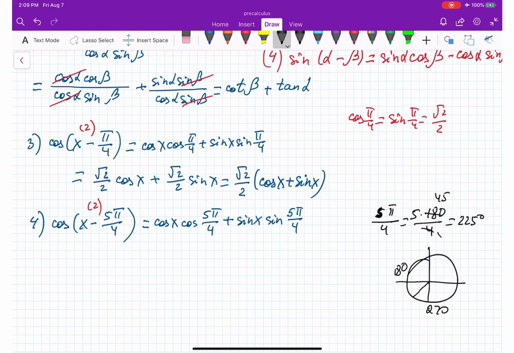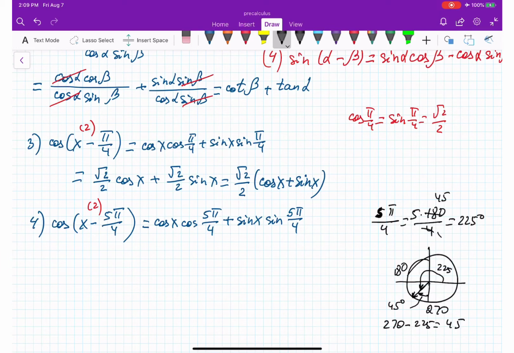This terminal side is the side for 225, and this piece is going to be 270 minus 225, which is 45 degrees.